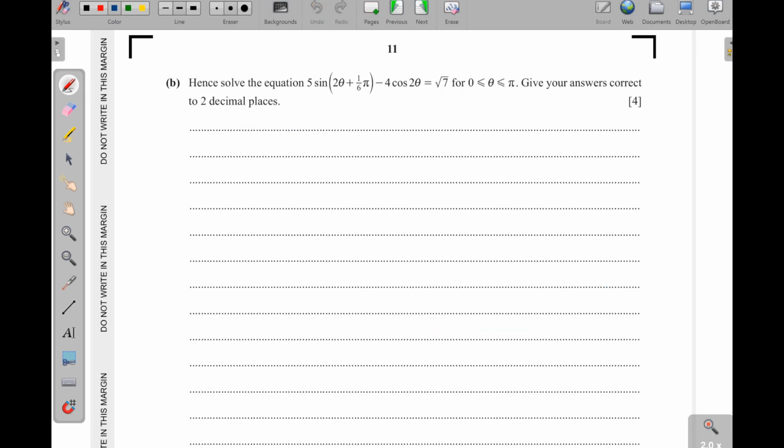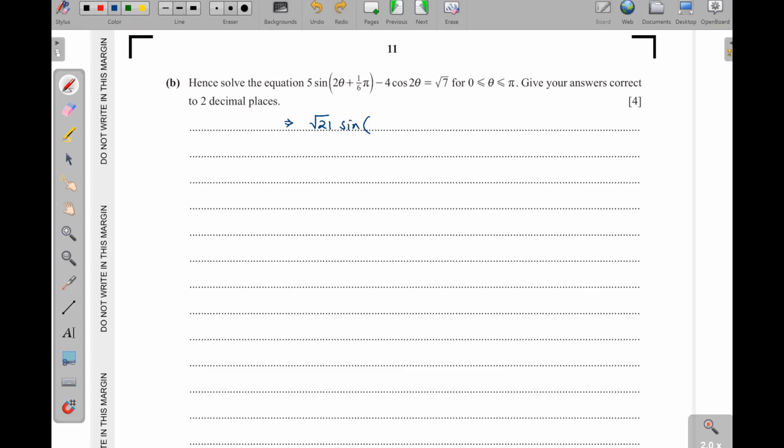We shall therefore say that this one here will be, remember, we have expressed this one in terms of sine, which is root of 21, then sine of x, then minus the alpha.